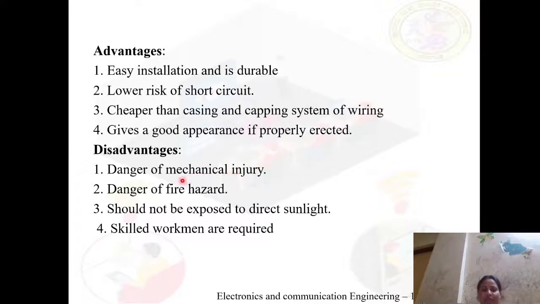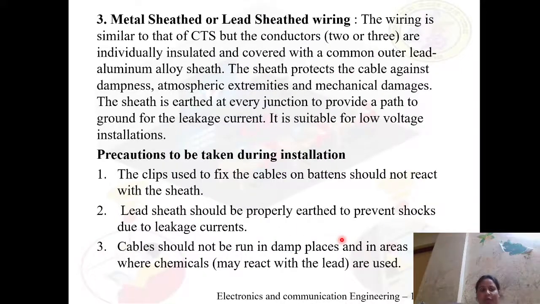The drawbacks are danger of mechanical injury, danger of fire hazards, and it should not be exposed to direct sunlight. This is the major drawback. Skilled manpower is also necessary for installation of this type of wiring.